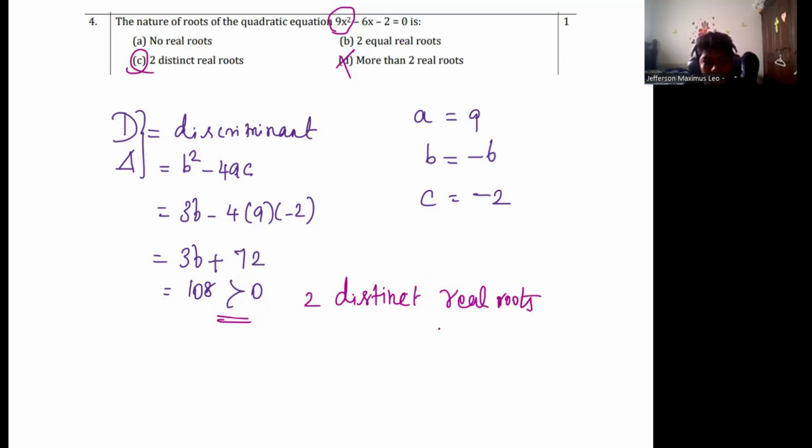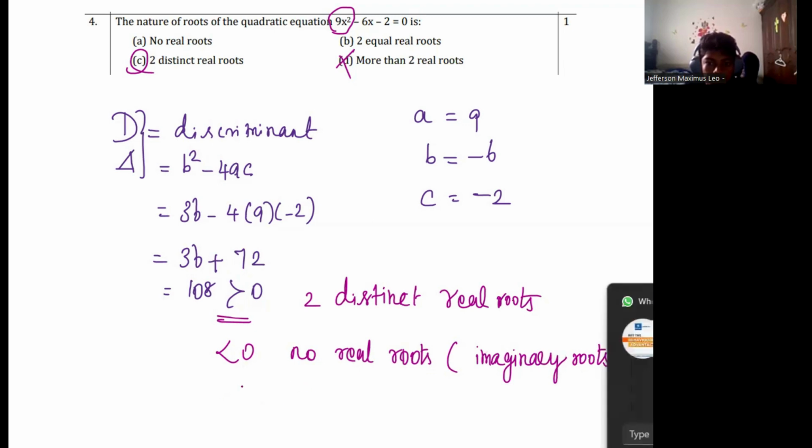Can you say the remaining 2? Suppose that delta value is less than 0, what does it mean? Ma'am, no real roots. No real roots. Otherwise, we mention this as imaginary roots. You should know these extra words. Even if they are given as imaginary, don't say you don't know. Suppose delta is equal to 0, what does it mean?